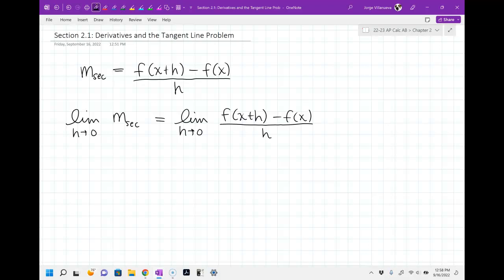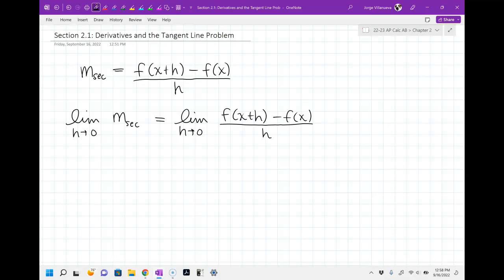So we had that, and they said now if we can put any type of function in here, we can figure out what its limit is going to be, and that's going to give us the slope of that tangent line that theoretically would exist. This is what they call the original definition of a derivative.